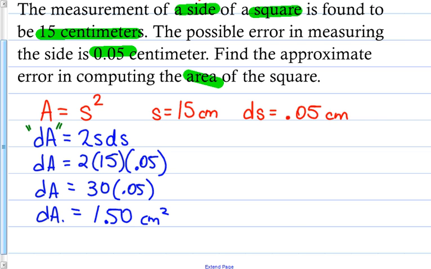Now, to approximate the error in computing the area, what I want to do is figure out what the change is, so 1.5, and then divide that by the original area, what it would have been. If the original area is s squared and s was 15, the original area would have been 15 squared, which is 225.